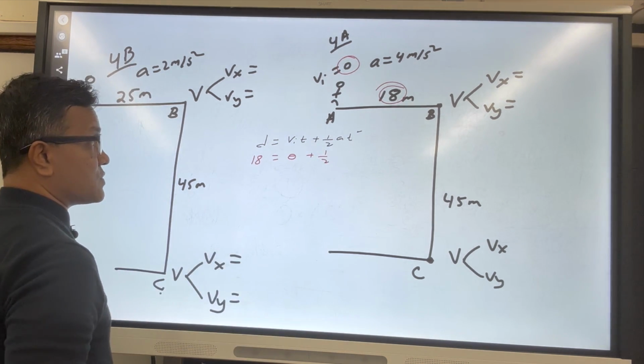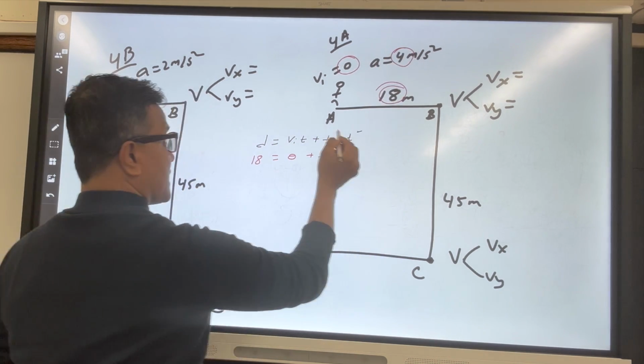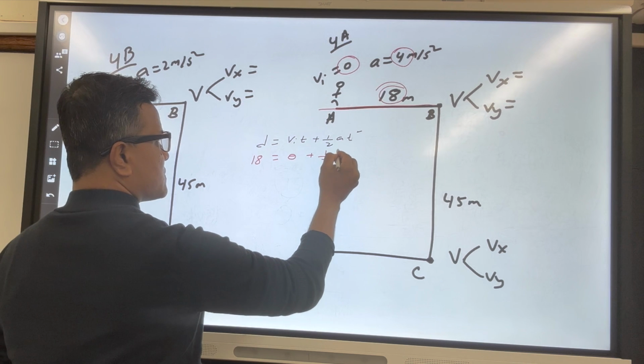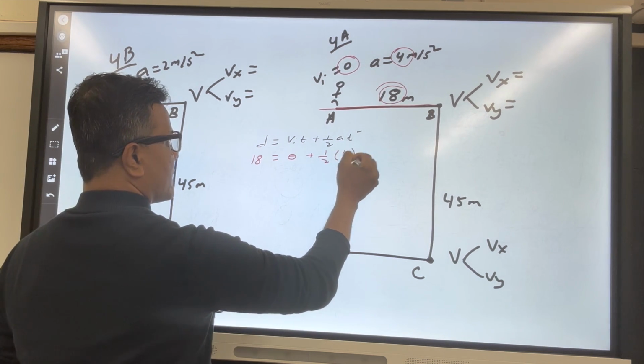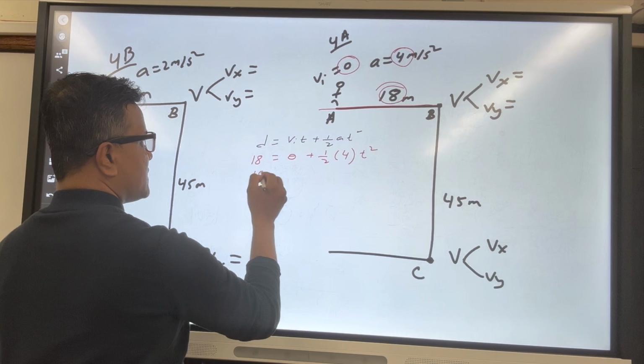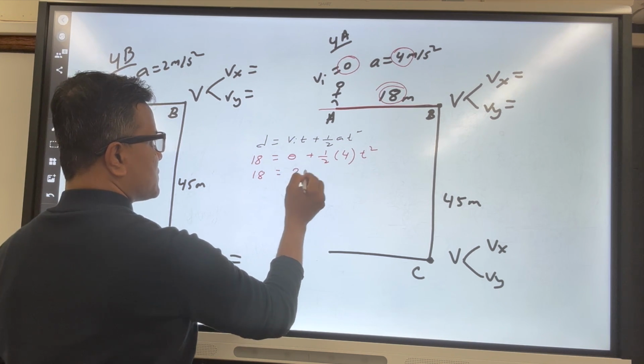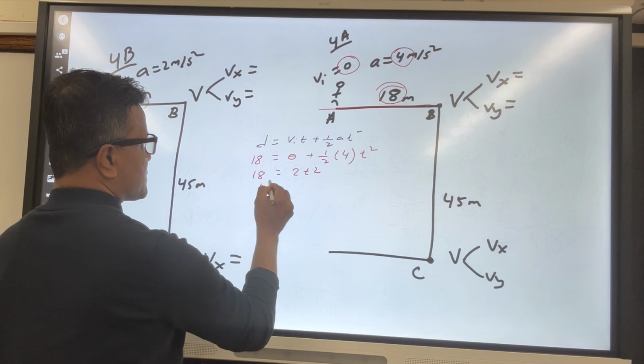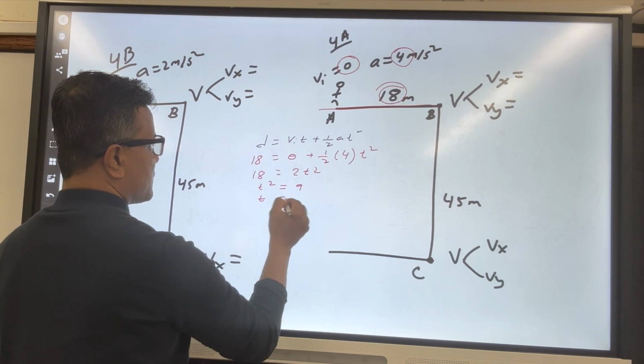This is not acceleration due to gravity. This is the acceleration given. Acceleration due to gravity in the x direction is 0. So this is 4 and this is t squared. So 18 is equal to 2t squared, and then t squared is equal to 9. So t must be 3.